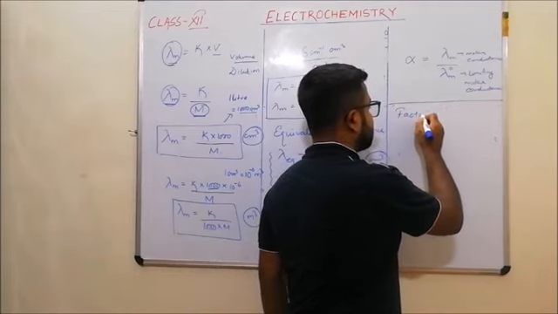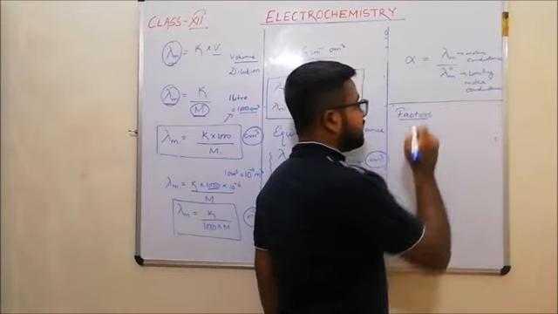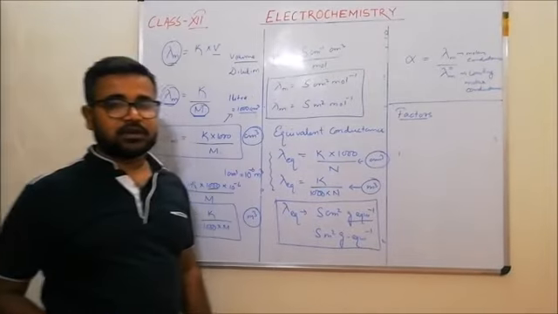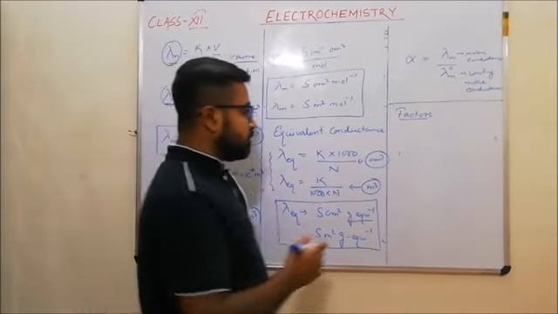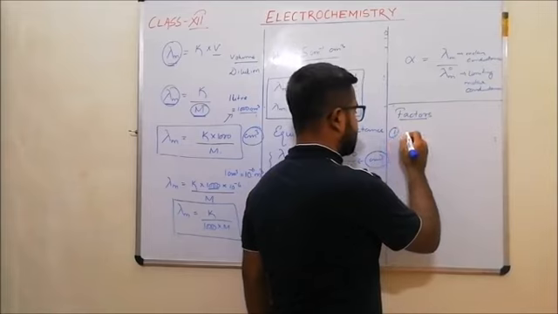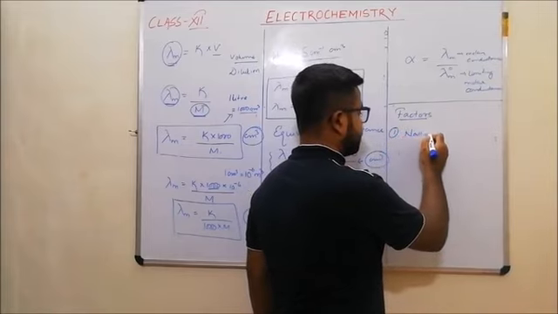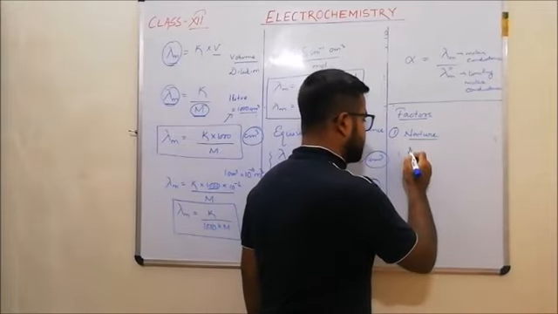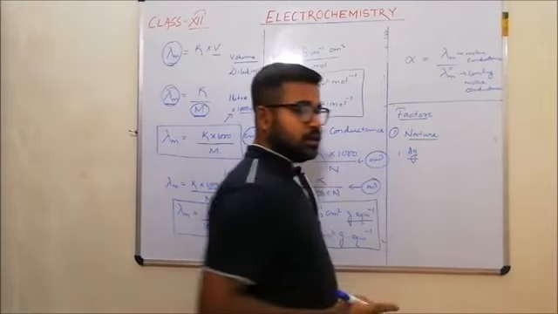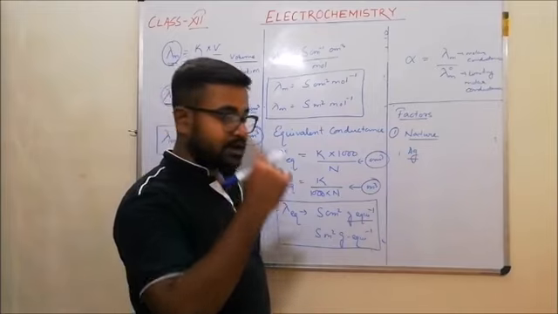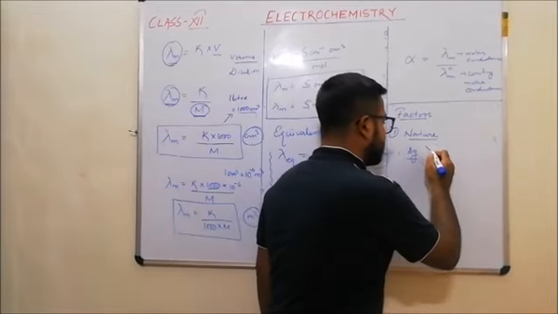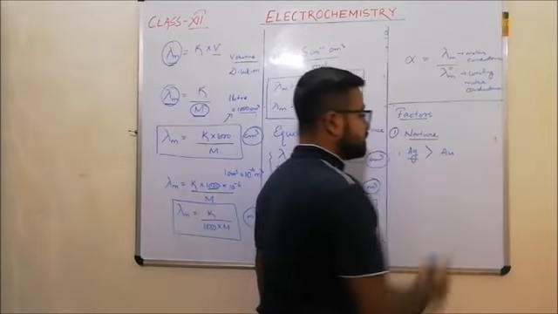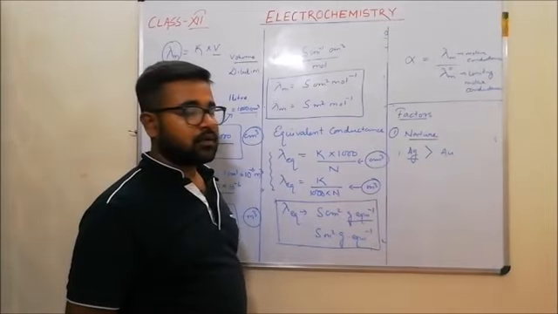Now lastly we will see the factors affecting the conductance or conductivity. Number one is the nature. For example, in terms of electronic conductance, in the case of metals, silver is more conducting than gold.